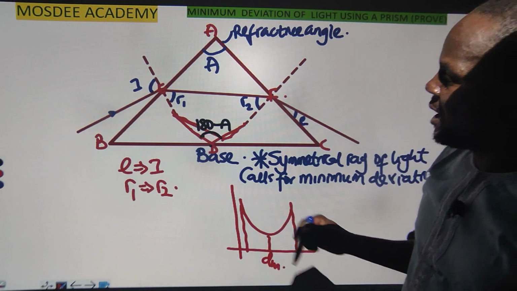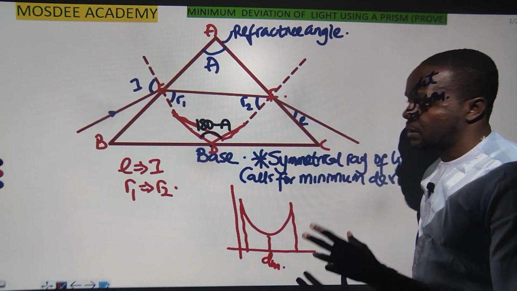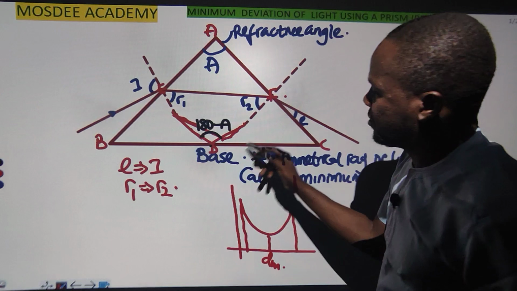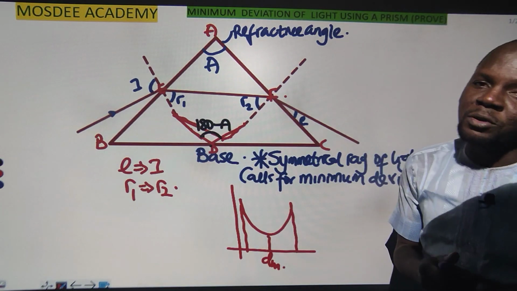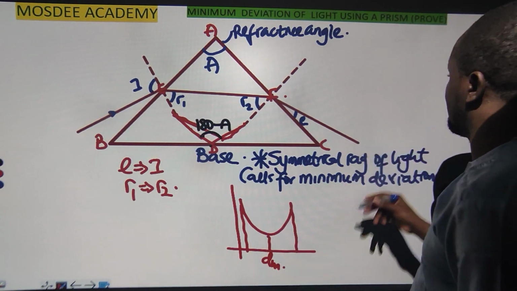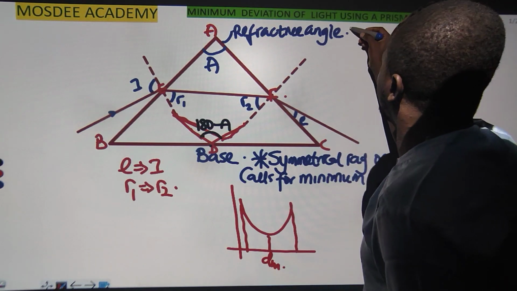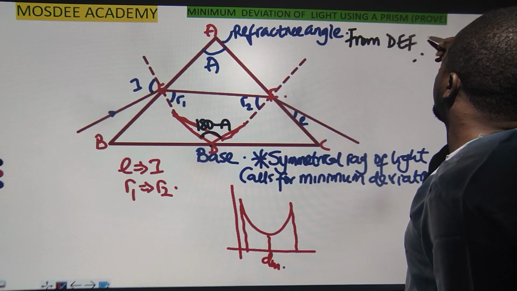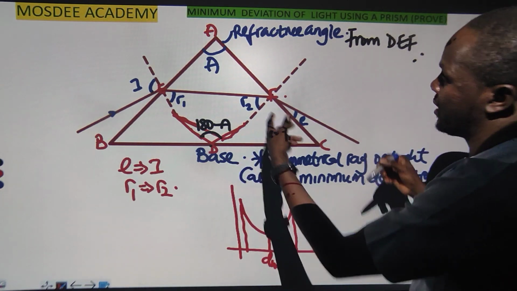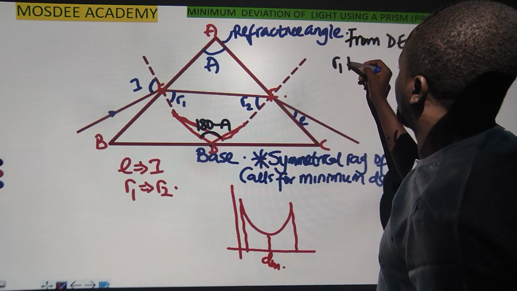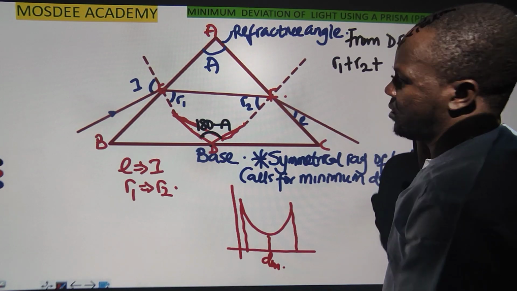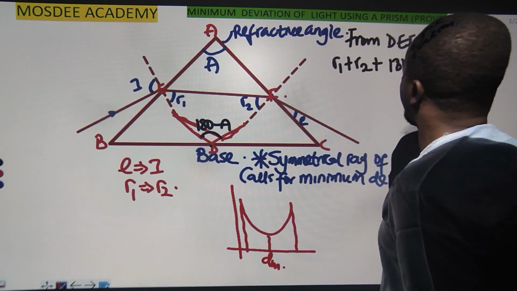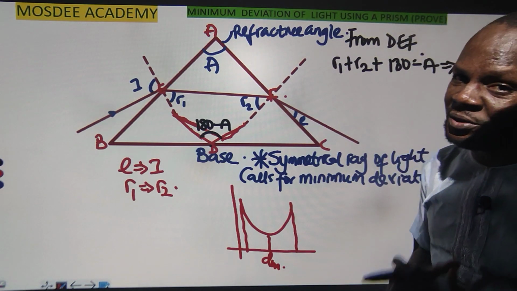Now, in triangle D, E, and F, we have the sum of angles in a triangle. Everybody knows. So we can now say from DEF, the proof is starting now. Angles in a triangle, we add them together: R1 plus R2 plus 180 minus A is equal to the sum of angles in a triangle, 180 degrees.